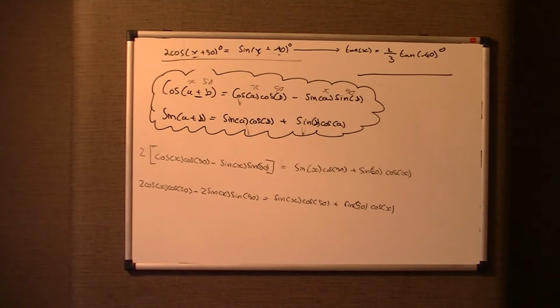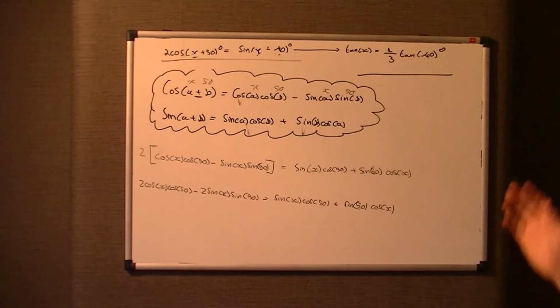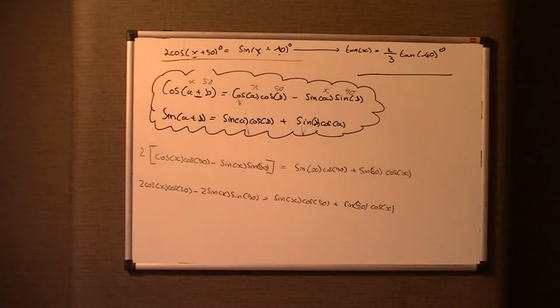Okay, so where do we go from here? Well, obviously we need to have it in terms of tan. As I said, it doesn't really matter if you necessarily do this, but what I did is I've got all the cos x's onto one side and all the sine x's onto one side.